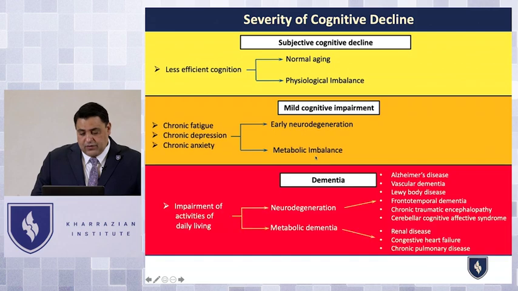And then if they start to have decline in their activities of daily living, that's when you're going to have to really make sure whether at that point they have dementia, and whether it's Alzheimer's disease being the most common, or some of these other variants, because that'll change your prognosis and even your treatment applications to some degree, or if it's just metabolic dementia caused by something like congestive heart failure or renal disease or something like that.